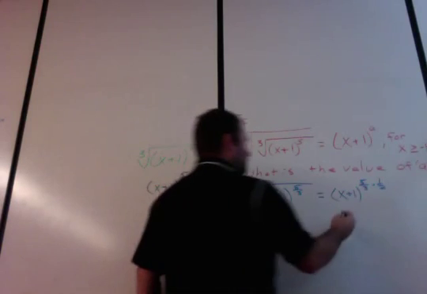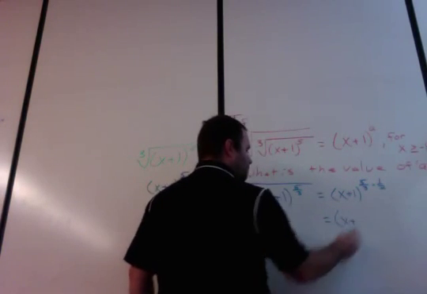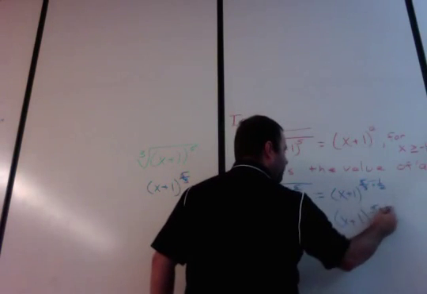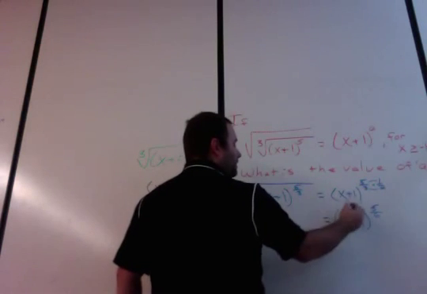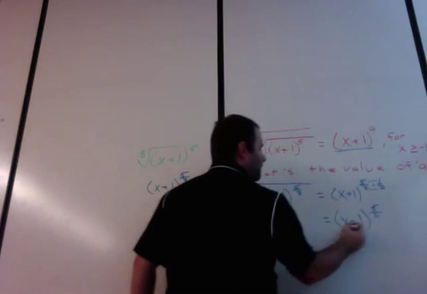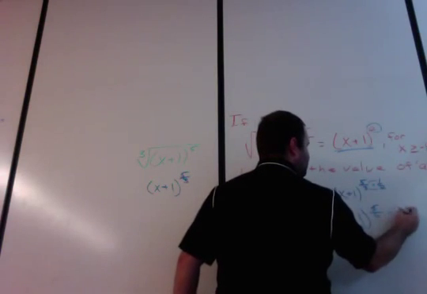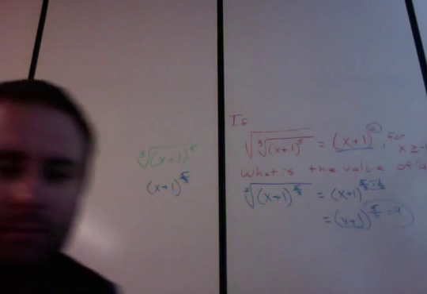Well, what does that equal? x plus 1 to the 5 times 1 is 5, over 3 times 2 is 6. I have it in this form now. I got x plus 1 right there. Well, what does a equal? a equals 5/6. We have to be good at manipulating these.